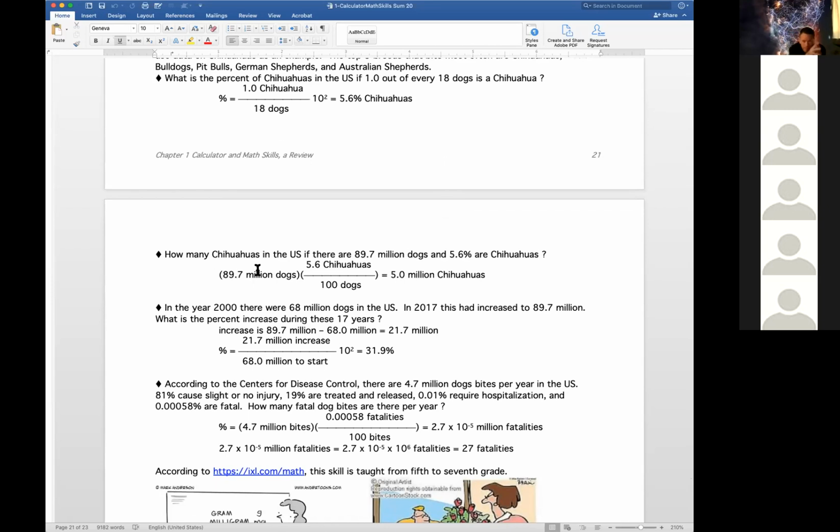So you got 89 million dogs, and look what the percent does. What does that 5.6% mean? That means that there's 5.6 Chihuahuas out of every 100 dogs. Now dogs cancels out, I have Chihuahuas left over. There's 5 million Chihuahuas in the United States.